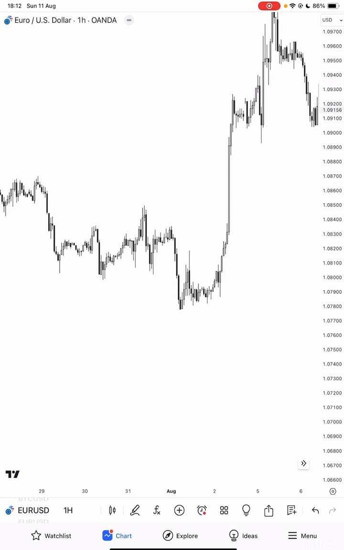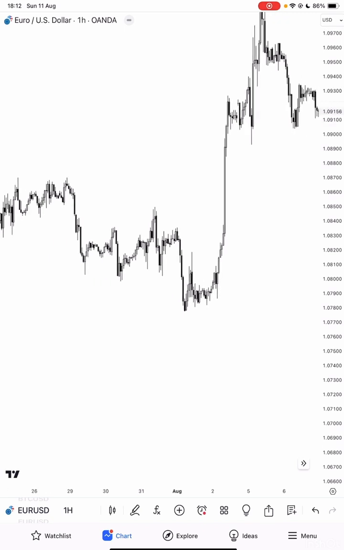So you can consider this as a tool, a respect to the low or to the high, but generally focus on the time of the purge and higher time frame directional bias.